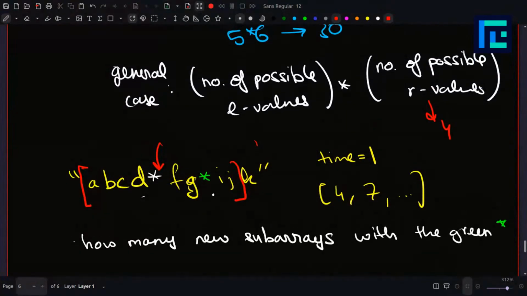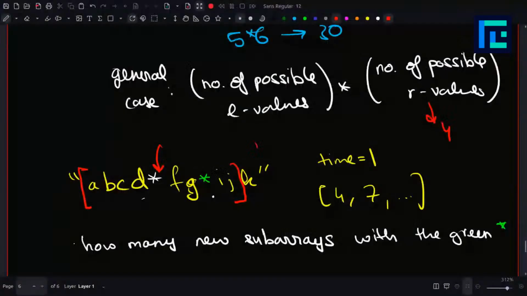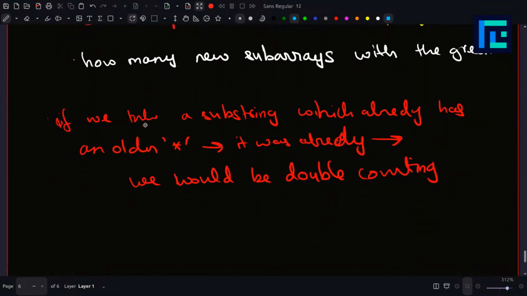So how do we prevent that? What we need to do is we do not need to go before this previous star, right? Our possible L value should stop over here. So this is a possible L value, this is a possible L value, and this is it. So there should be only three possible L values. We should stop just before the previous star. So this will be three values for L, and we would have four values for R. That is the basic idea.